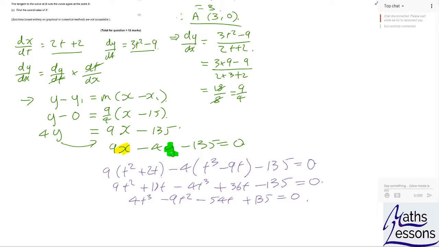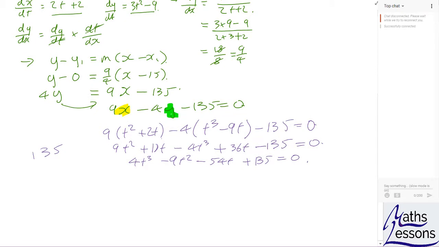I think I would try looking at numbers that go into 135. We've got 5 goes into that, obviously, so it's going to go 27. So I've got 3, 3, and 3 going into 135 and 1.